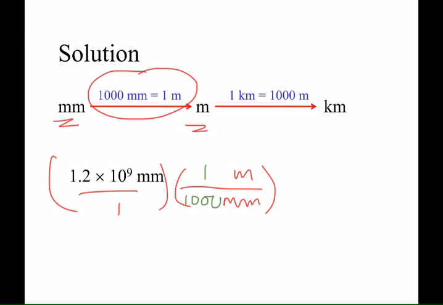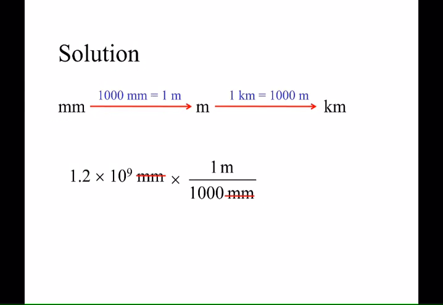All right, we good with that? Millimeters will cancel, we're left with meters, and we need to go on to kilometers. So we need to put meters in the bottom and kilometers in the top, and there are 1,000 meters in 1 kilometer. Then our meters will cancel, and we're left with the units kilometers.